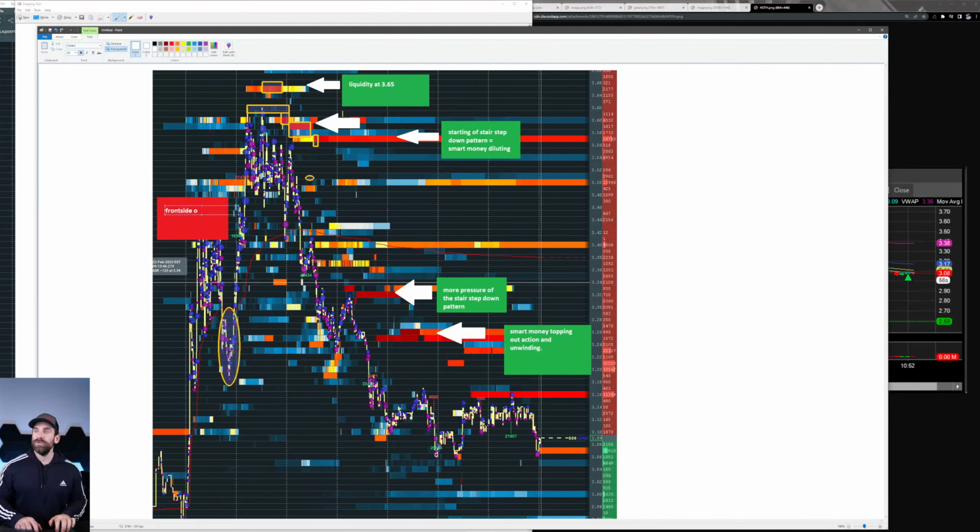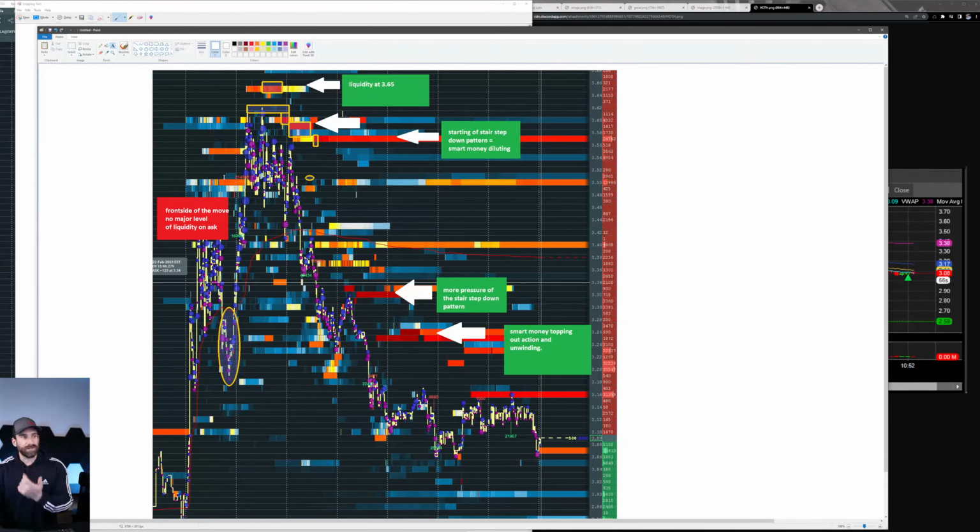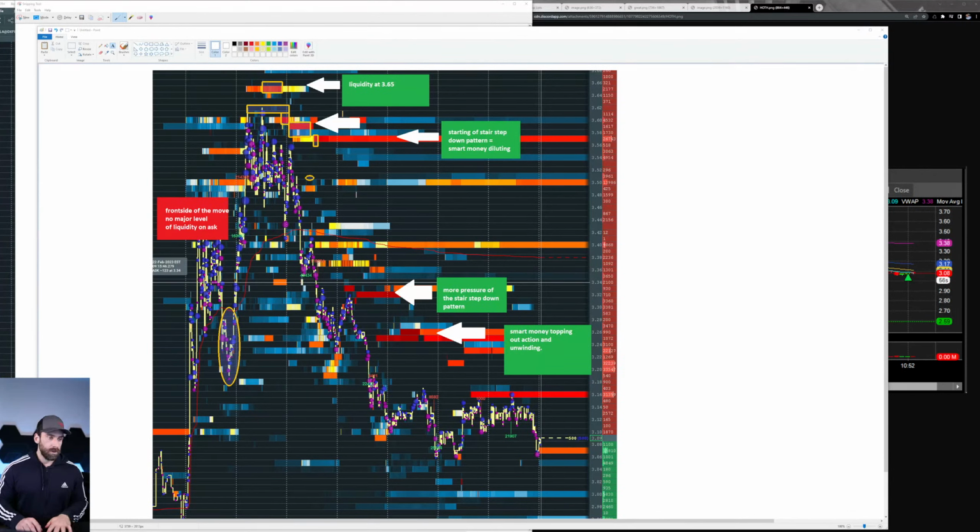Front side of the move, no major level of liquidity on ask. Okay, so very different scenario. Is it clear, traders? Any question on this?